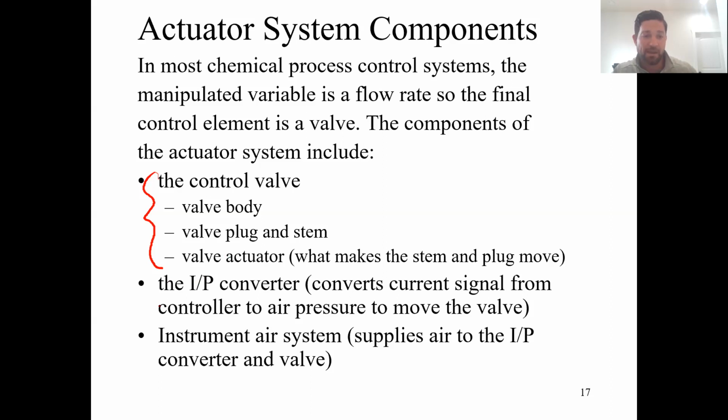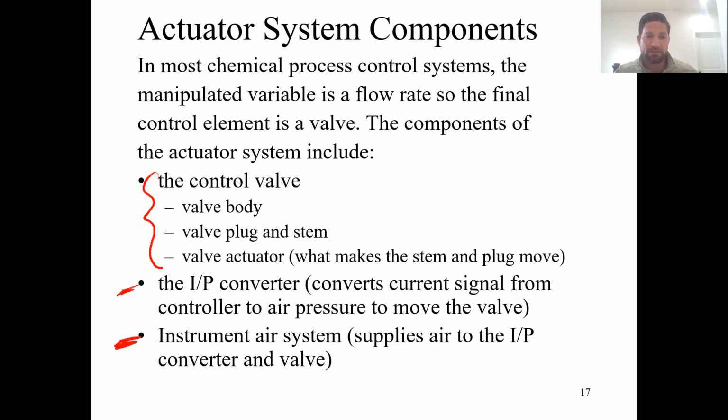It's important to know that, because sometimes you can have problems with the instrument air, and these are things that you can find out. You can also have issues with IP converters, and typically these are either going to work or fail. But here, we're going to look at the control valve.